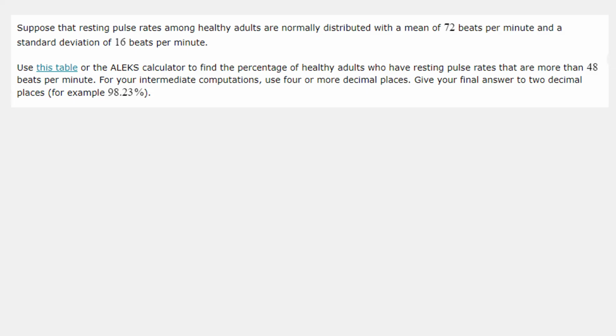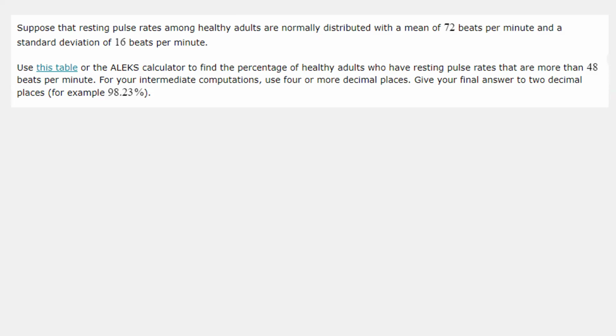The first thing I want to mention is that at this point, we know enough about the empirical rule that we might say, well, okay, is 48 a whole number of standard deviations away? Because then I could use the empirical rule, the 68, 95, 99.7 rule, and get there faster.